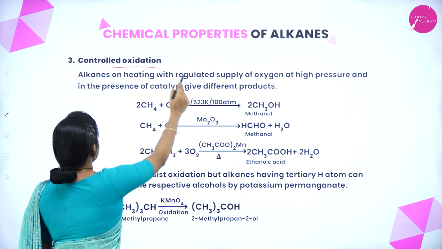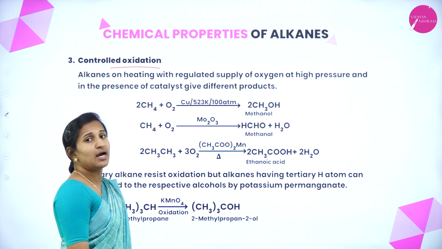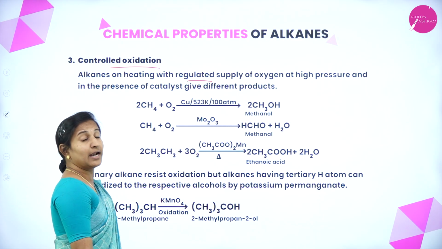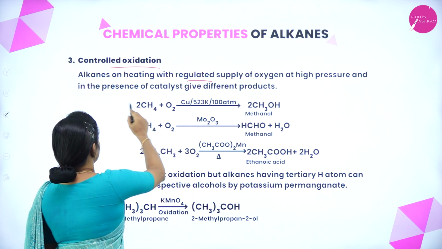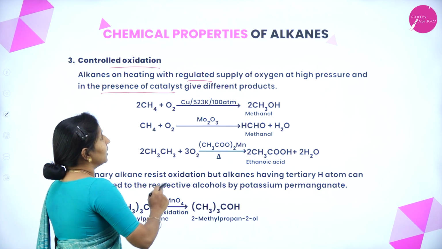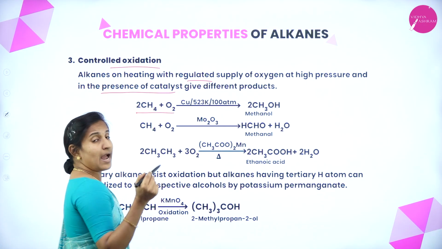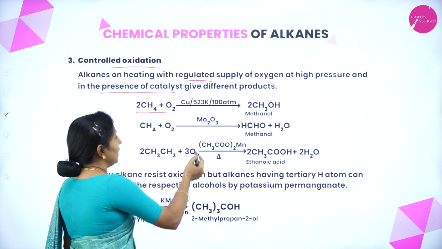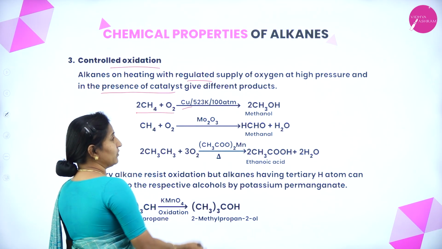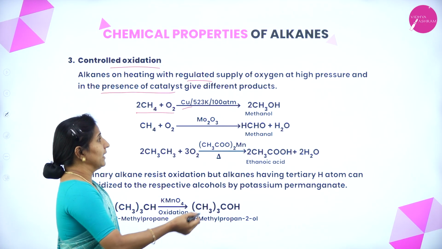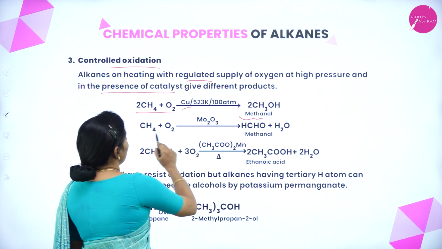Controlled oxidation. Alkanes on heating with a regulated supply of oxygen at high pressure and in the presence of a catalyst give different products. Methane reacts with oxygen in the presence of copper at 523 Kelvin and 100 atmospheric pressure to give methanol.